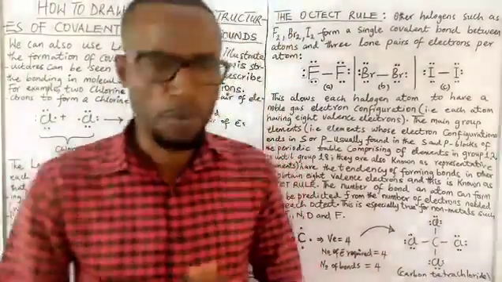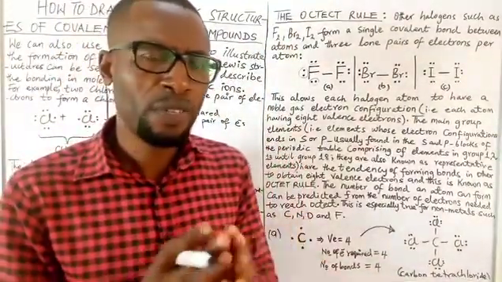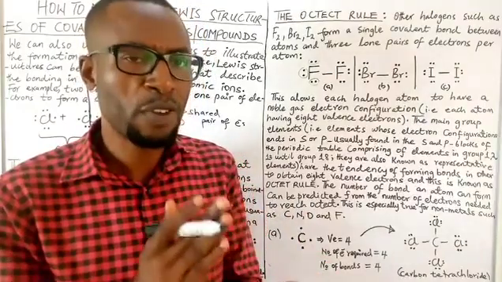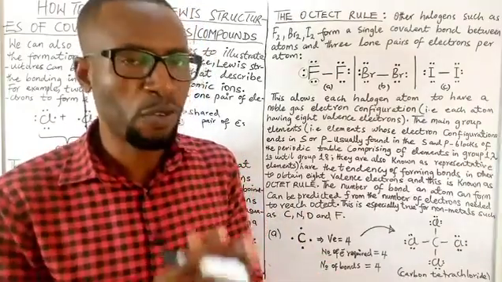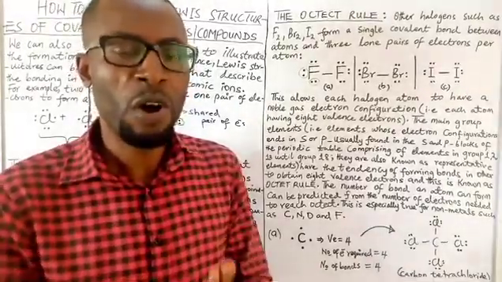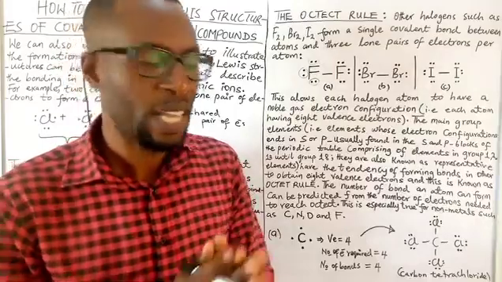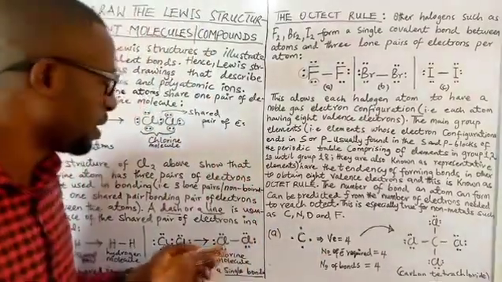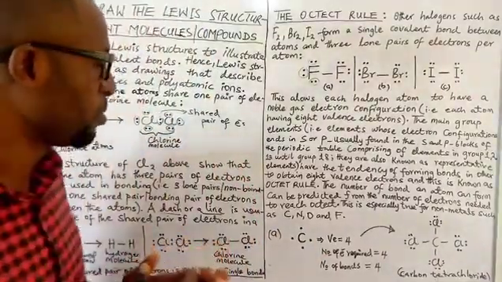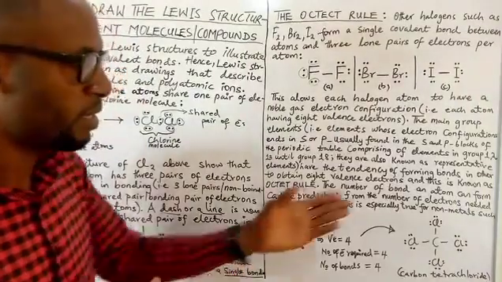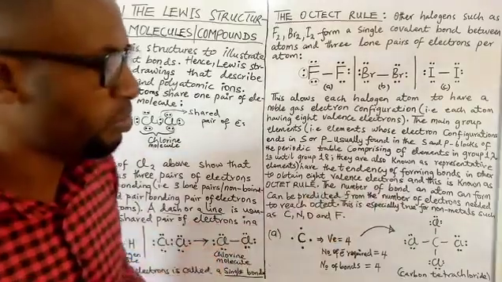In the next video, I'm going to proceed to showing you the rules that we must follow if we must draw the Lewis structure of complex molecules. Again, here we started with drawing Lewis structures of simple molecules like chlorine gas, traveling towards carbon tetrachloride.